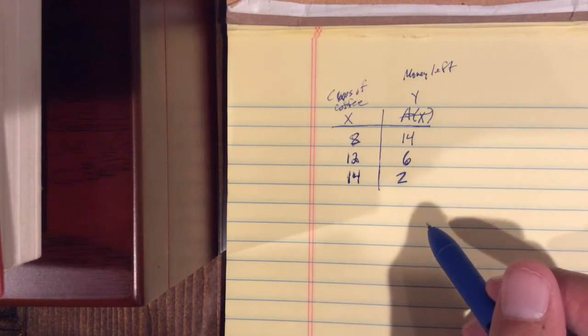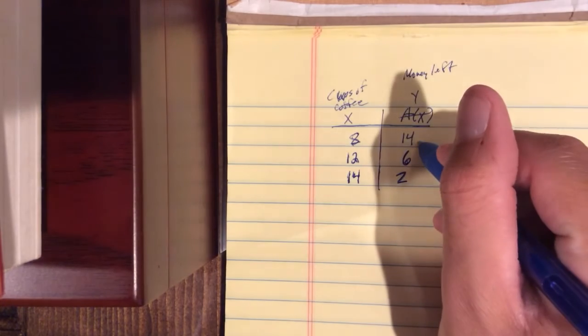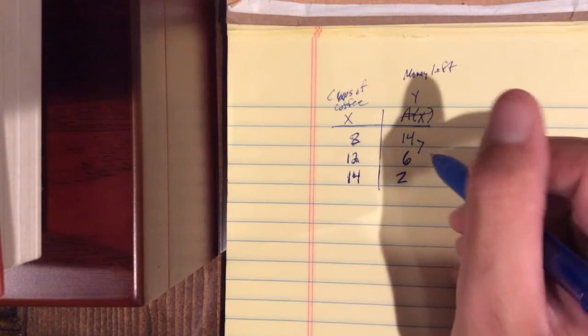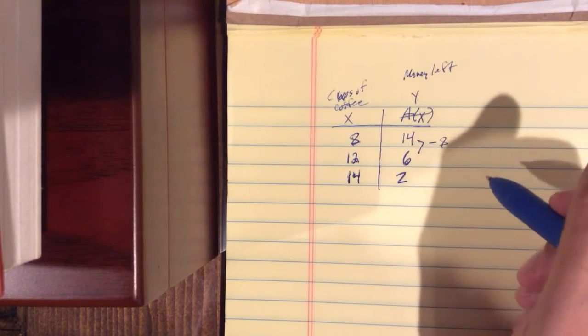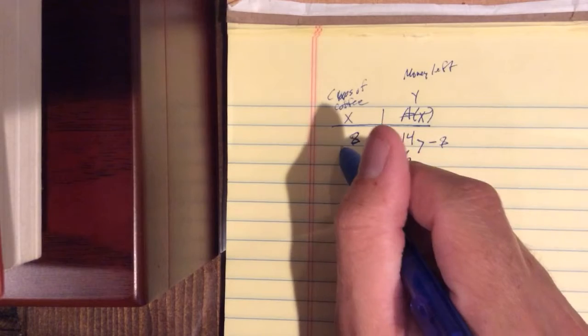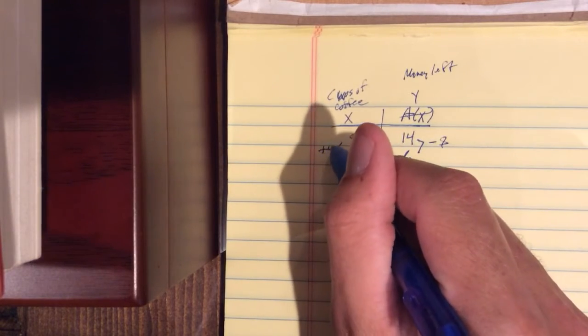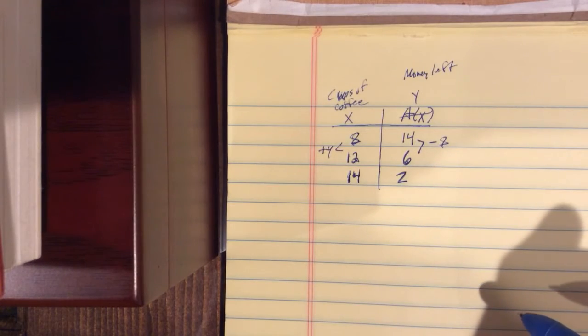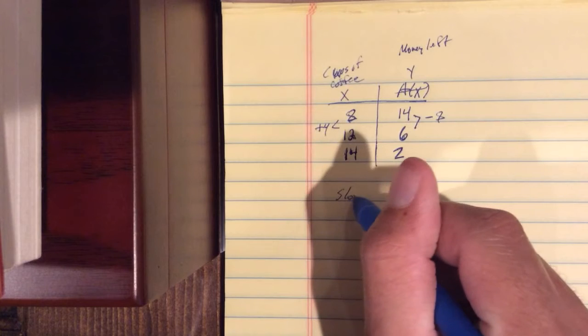So from there, we're going to figure out the slope. From 14 to 6, that's a minus 8. From 8 to 12, that's a plus 4. Again, we don't have our word wall for slope.